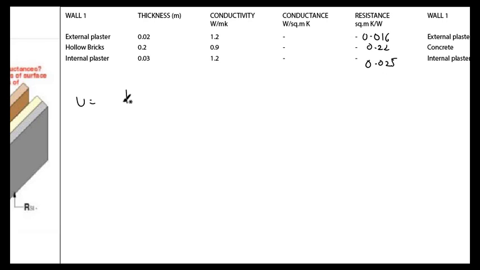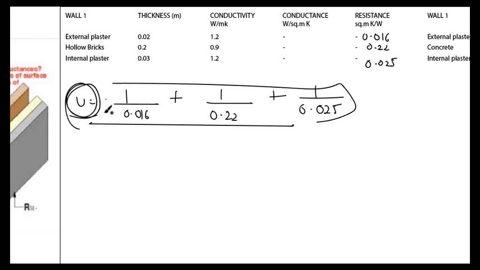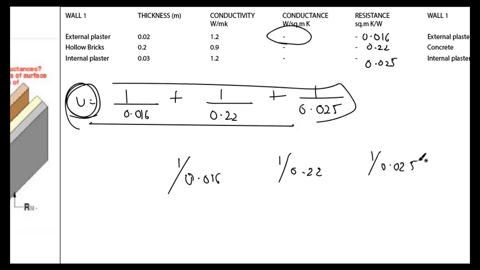So U is equal to 1 upon 0.016 plus 1 divided by 0.22 plus 1 divided by 0.025. So solving this expression will give you the total U value. If you have to find the individual U values, just do the reciprocal. So these are the three U values of external plaster, hollow bricks and internal plaster.